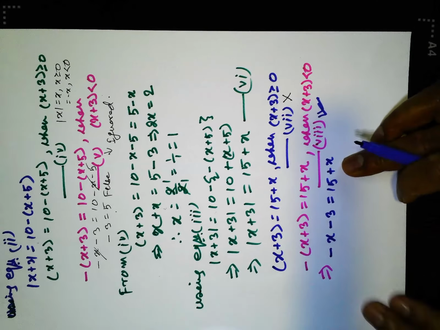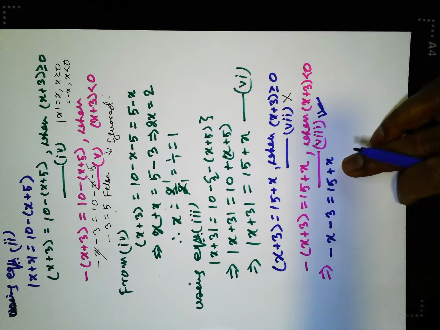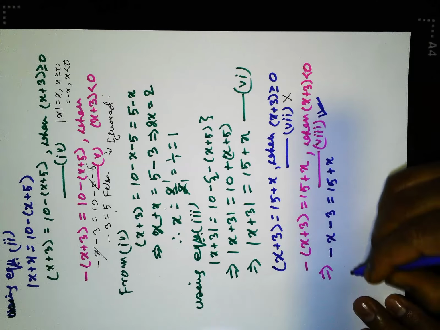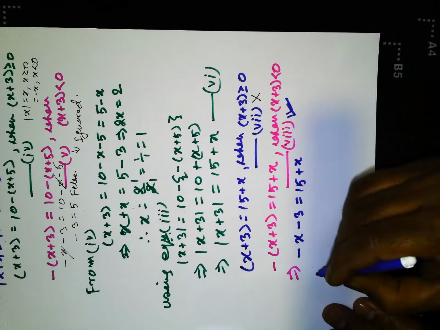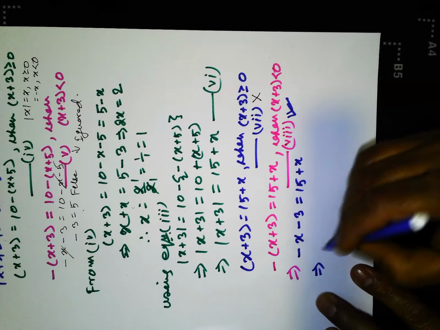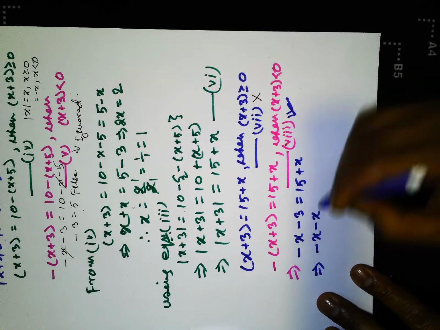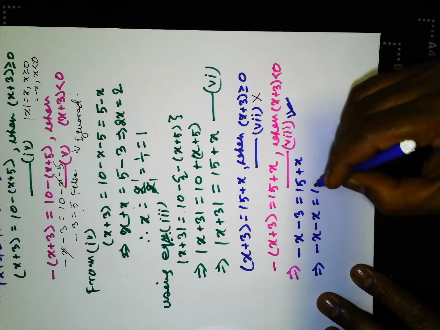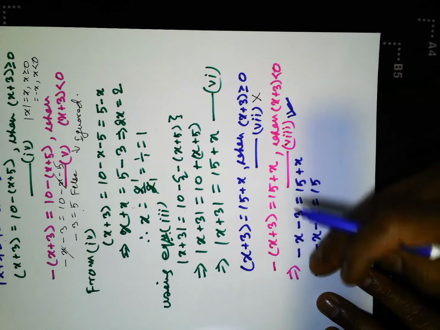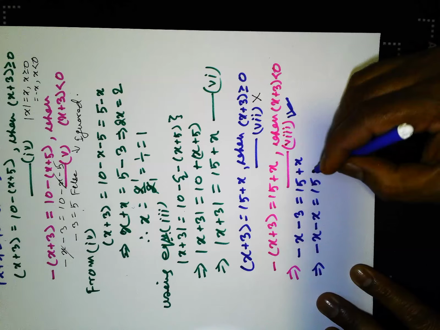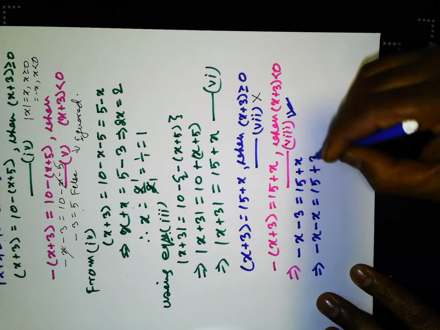So if you take them to the same side, they will have the same sign and they will get added. So what I can do is, it is minus x. I will transpose this to the left side. This is minus x again. So it is 15, it is plus 3. When it goes to the right side, minus 3 will be plus 3.